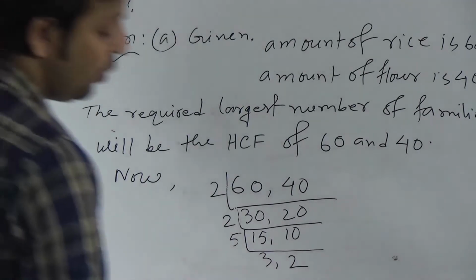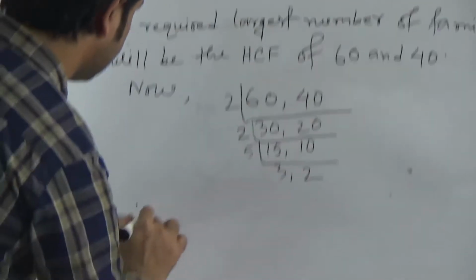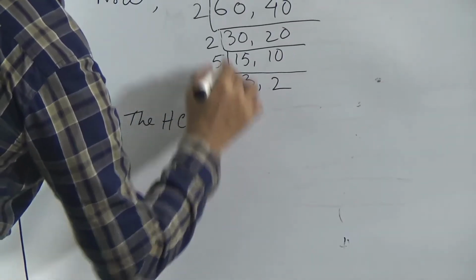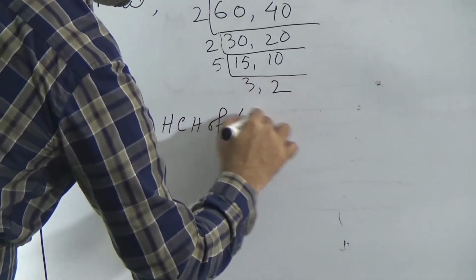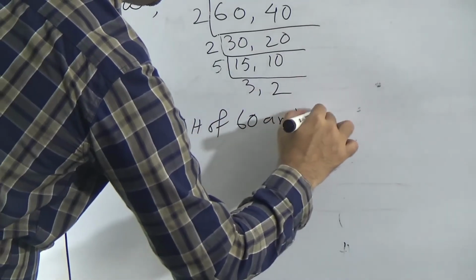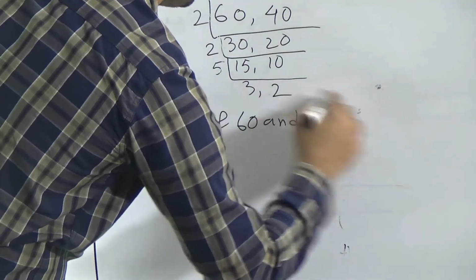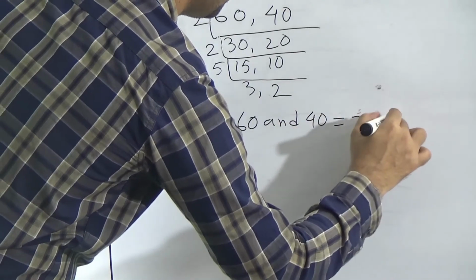Dear students, you know the method. So you can write the HCF. The HCF of 60 and 40 is 2 times 2 times 5.